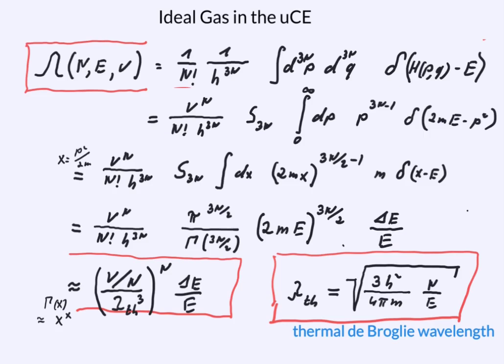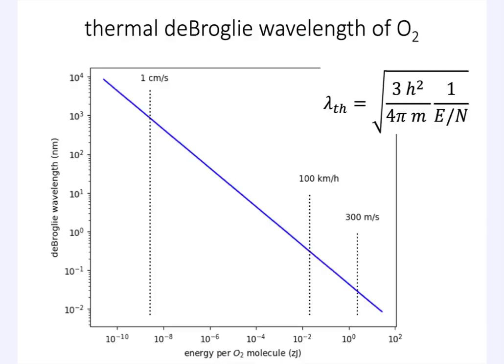If an oxygen molecule is flying at 100 kilometers per hour, its de Broglie wavelength is on the order of less than a nanometer. Only those molecules that fly at an extremely slow pace of 1 centimeter per second have a sizable de Broglie wavelength on the order of a micron.